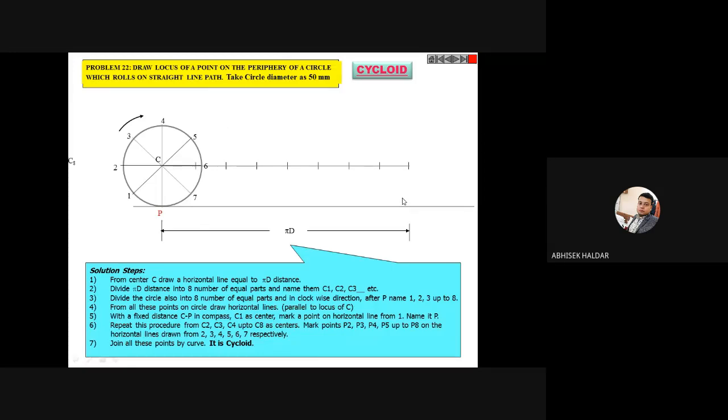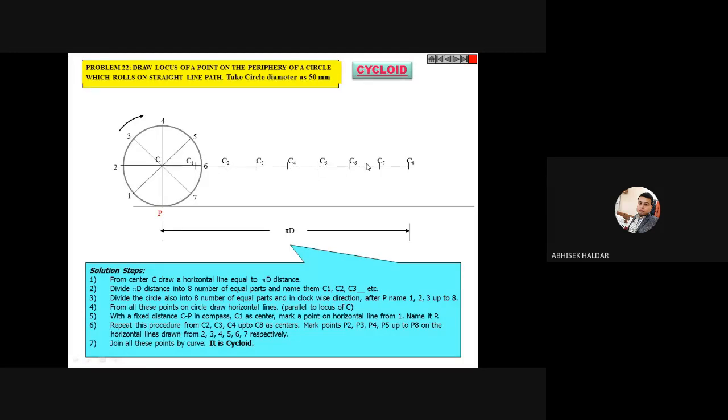8 equal parts. Now you can divide this C to this end line directly into 8 equal parts, or this bottommost line, this horizontal straight line, that means from the point P to the pi d length, you can divide into 8 equal parts and just take some vertical lines up to the central line so that you will be getting these C points.